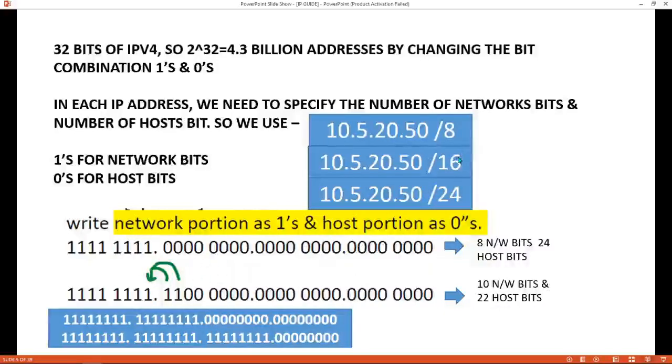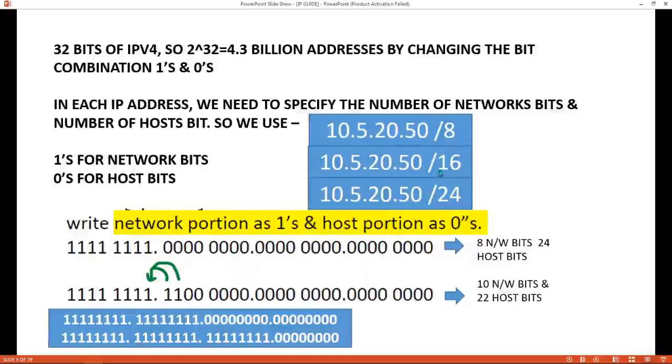So in this case, just note down, for /8 your first octet is filled with ones, which means the first octet is used for the network. So altogether 8 bits means 2 to the power of 8, which means 256 networks you can have. Okay. So when you move to the /16, 2 to the power of 16 networks you have.